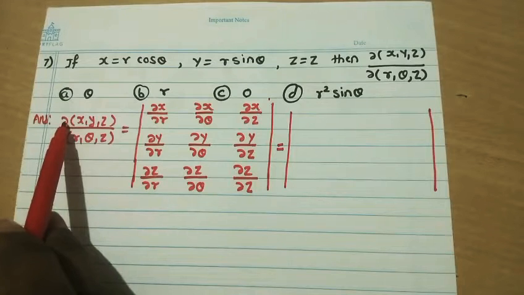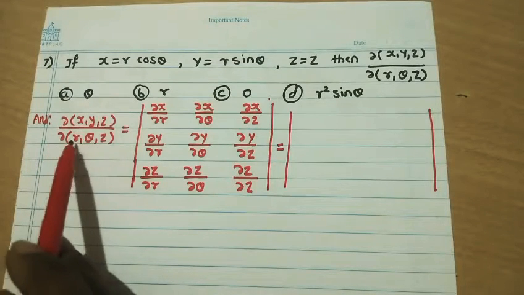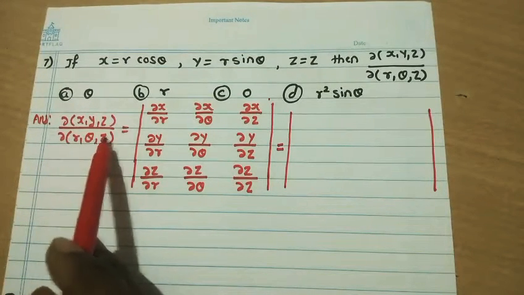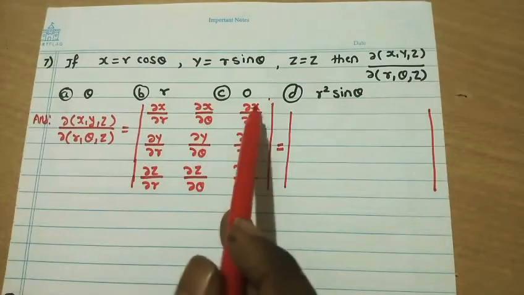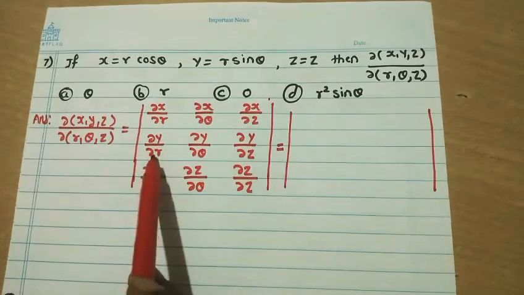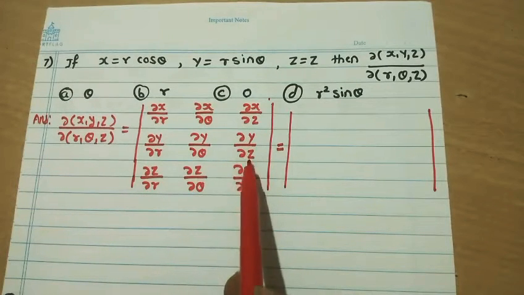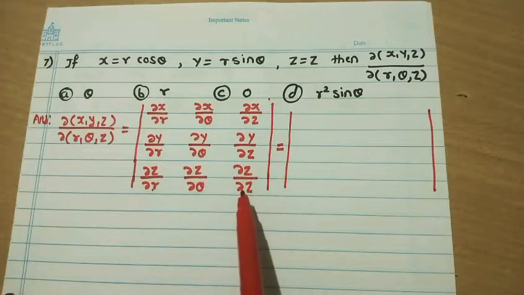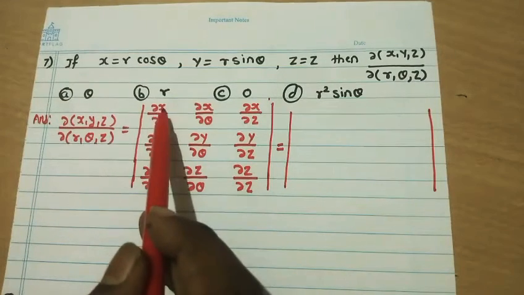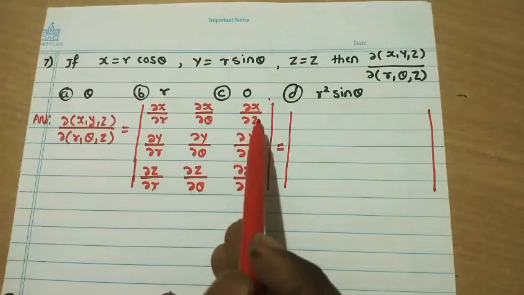So ∂(x, y, z) by ∂(r, theta, z) is equal to the determinant of ∂x/∂r, ∂x/∂theta, ∂x/∂z, ∂y/∂r, ∂y/∂theta, ∂y/∂z, ∂z/∂r, ∂z/∂theta, ∂z/∂z. Now differentiate x with respect to r, theta, z respectively.